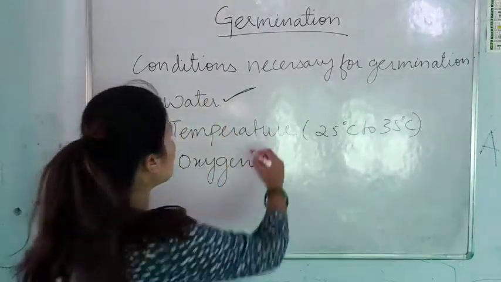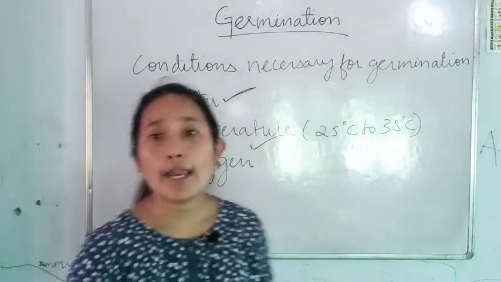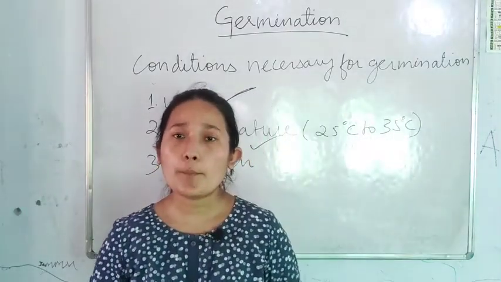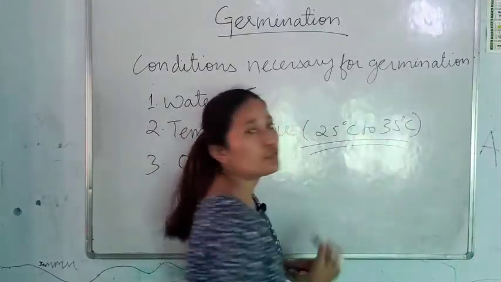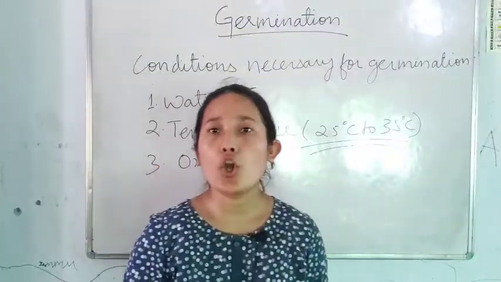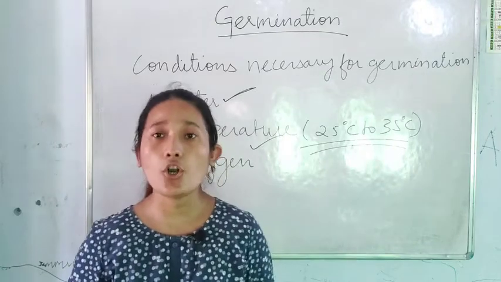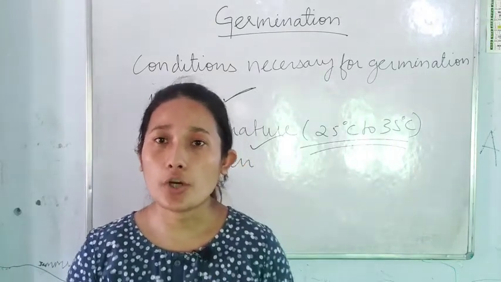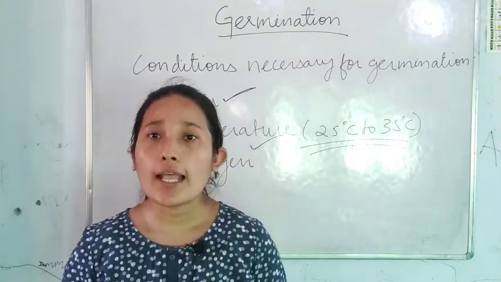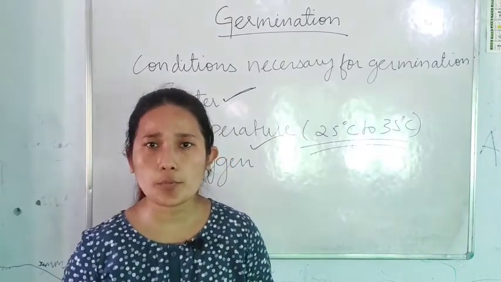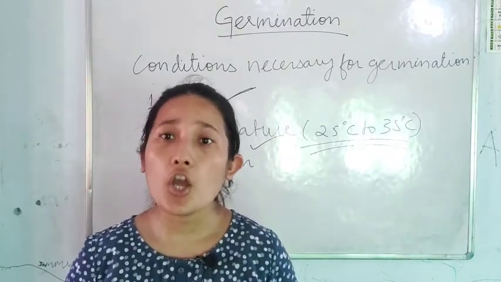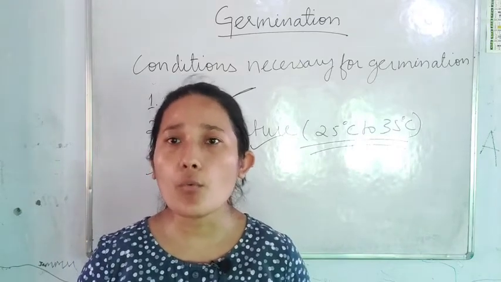Now next one is your temperature. The optimum temperature for germination is around 25 to 35 degrees Celsius. Lower or higher temperature would not favor the germination process. Why would it not favor the germination process? Because at a higher temperature your enzymes would not be working.